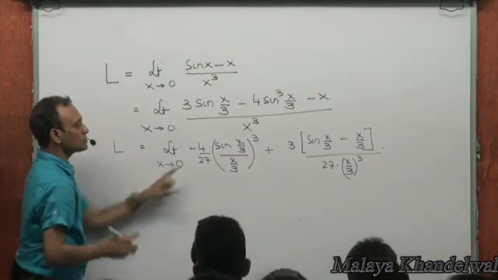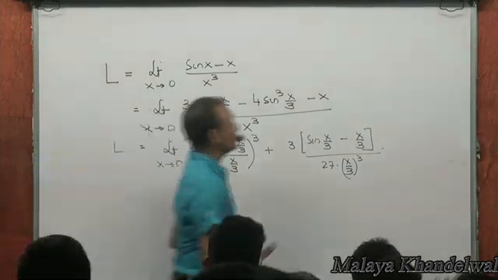This will become minus 4 by 27. Now, what is this?